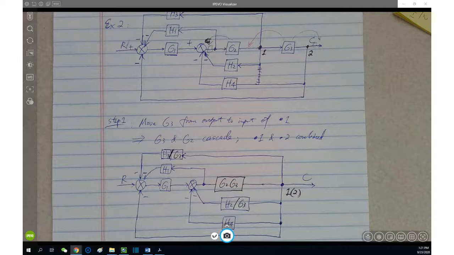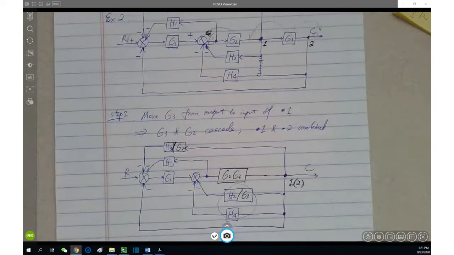All right, if this is clear, then obviously, as said, these two are parallel, these two are parallel, these two are parallel. And you can combine them.